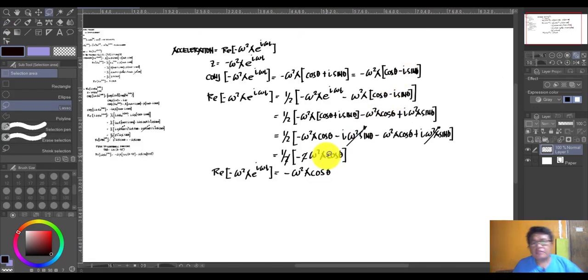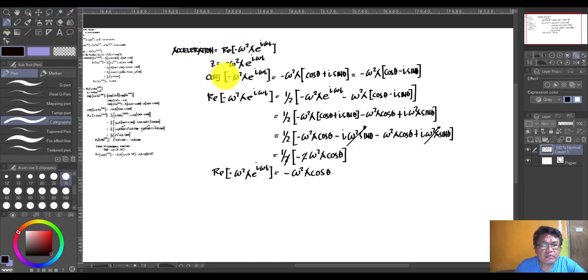Let's have a quick recap. The real part of the acceleration, and we have here the function of my acceleration, this equation. Now for the conjugate of this one, we have w as angular velocity squared, a, amplitude, and e.